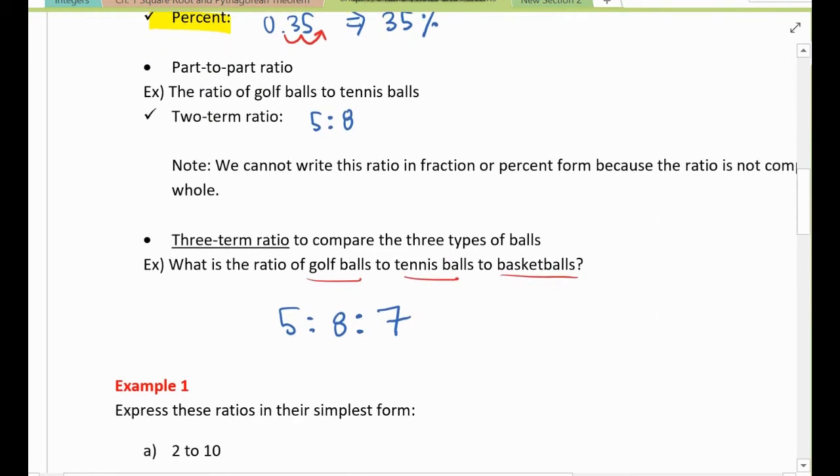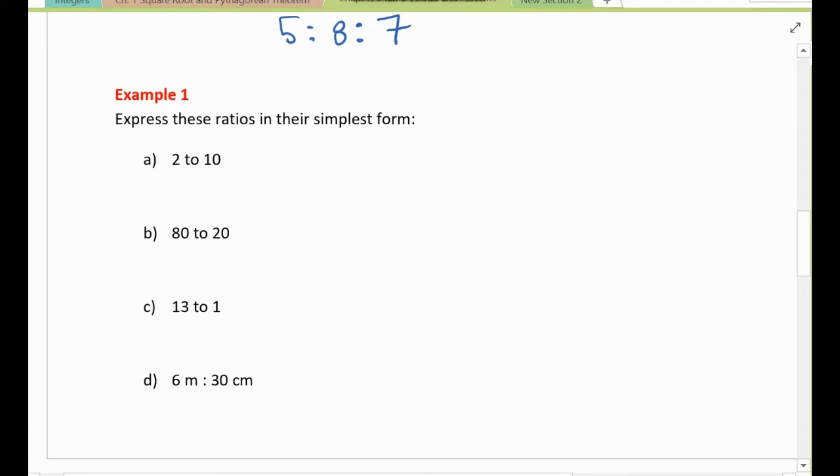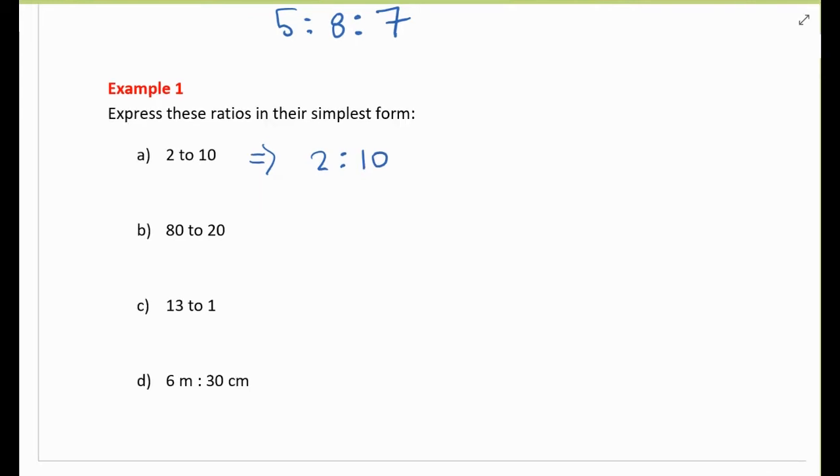Okay? Let's move on. Express these ratios in their simplest form. 2 to 10. When you have 2 to 10, you have to think about the common factors. Is there a number that can divide both 2 and 10?